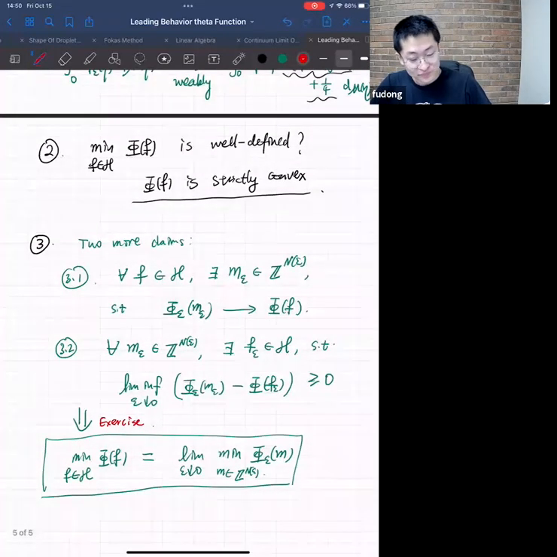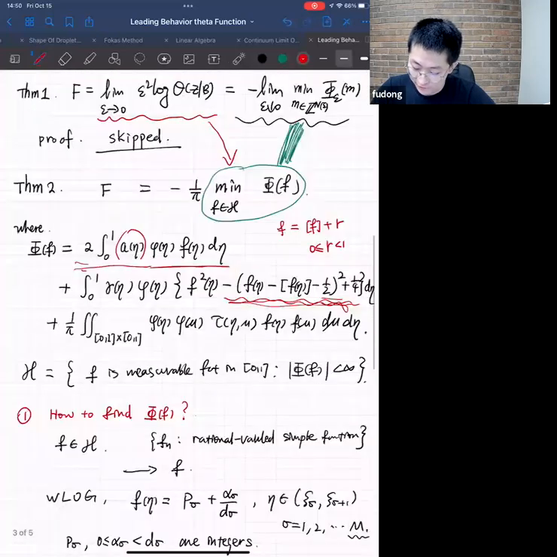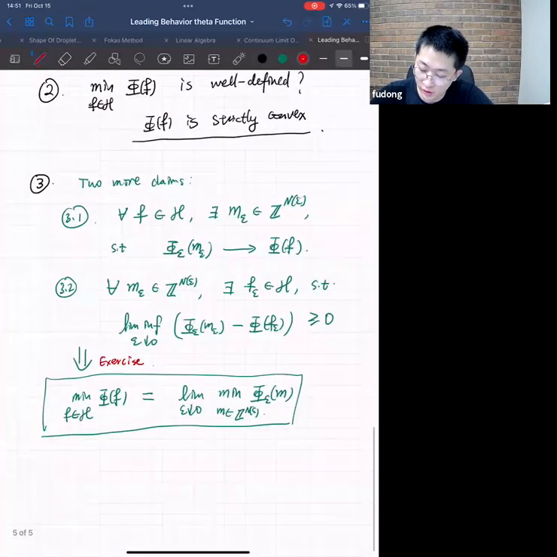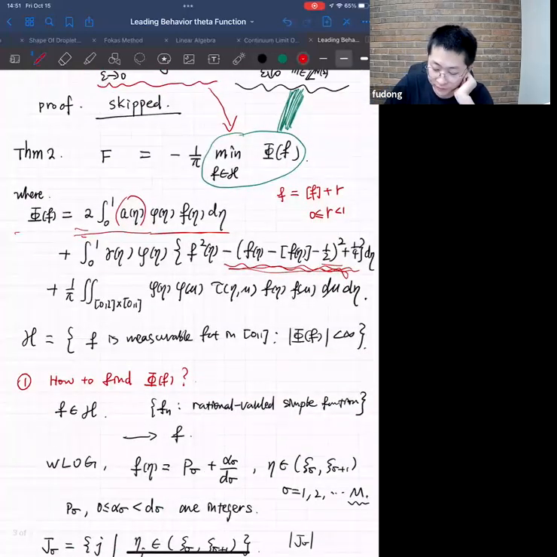Okay. So after these two theorems, we have connected the leading behavior of the theta function to a minimizing problem. Now let's take a look at this function phi, and we can find the variational derivative.